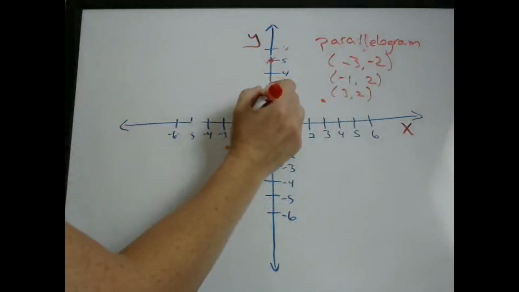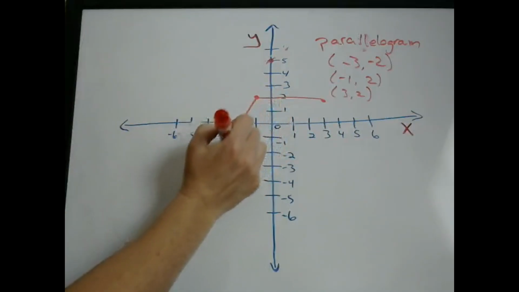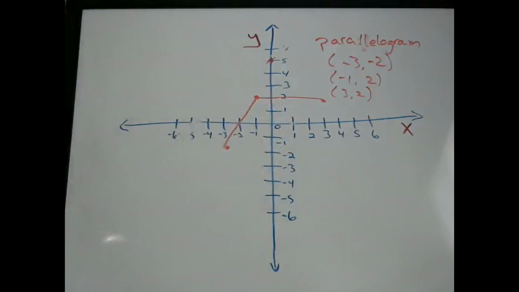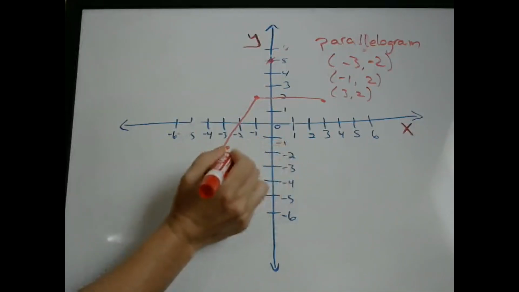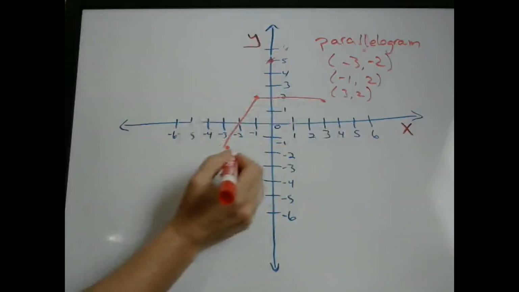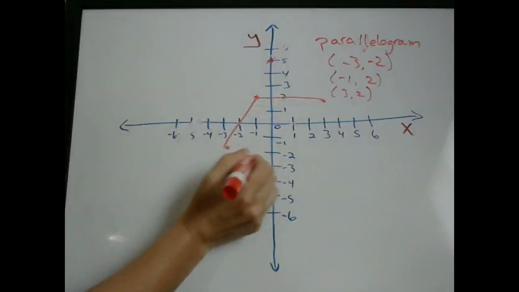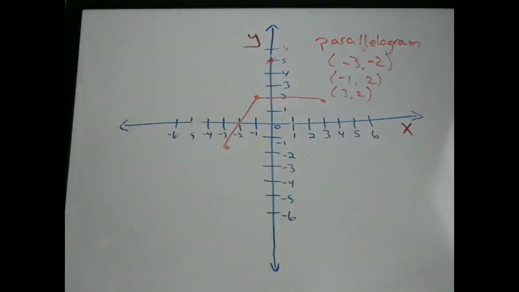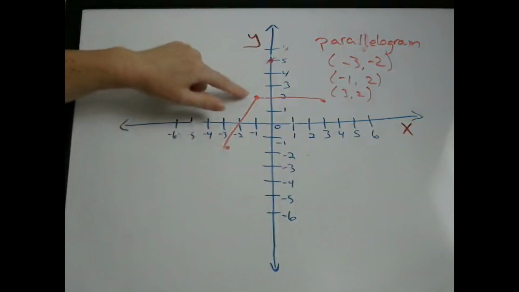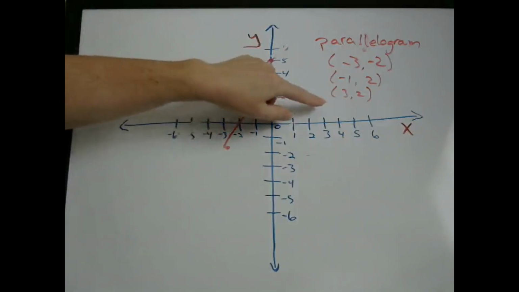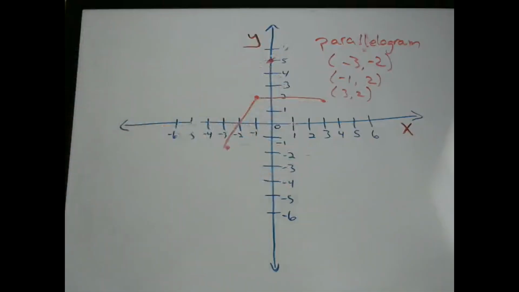And when you connect these, you can see you have two sides of a parallelogram, and they're asking you, where's that fourth point? So we know that it's going to be down here somewhere. We know because these lines are parallel on the top and the bottom, since this is at -2, that it's going to be along the -2 line, so we know our y component is going to be -2. The relationship on parallelograms is that the relationship of this point to this point has to be the same as the relationship of that point to whatever our missing point is.